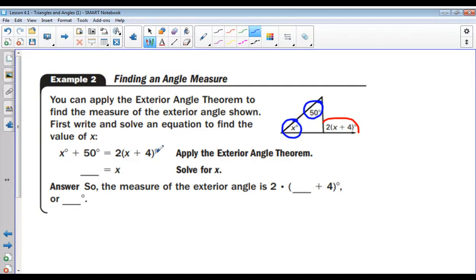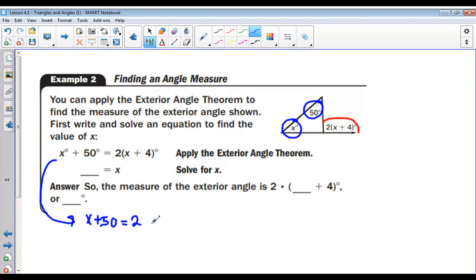We're going to apply that right now to help us solve for x, which we'll ultimately plug in to figure out the measurement of the exterior angle. So I'm going to do some work off to the side here. So let's do this down here. We have x plus 50, which is our 2 non-adjacent angles.